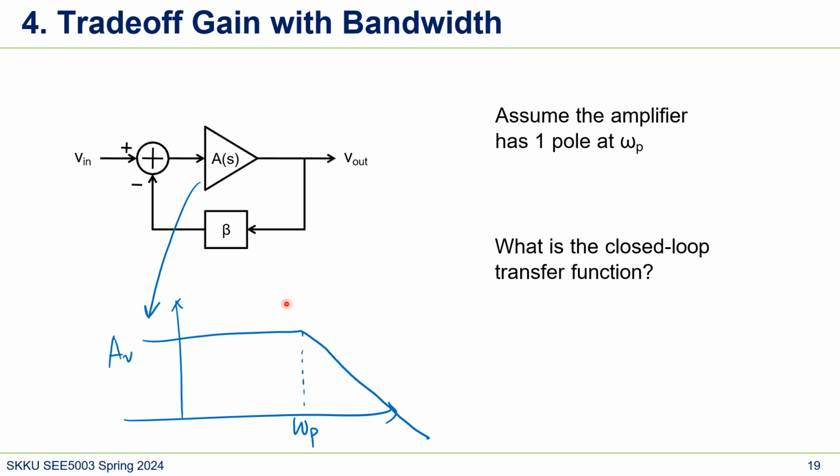That's what we try to figure out. What's the bandwidth here? We can just say the bandwidth is WP. This is the 3 dB bandwidth. Because this is a Bode plot, the actual gain will be like this, and this gap is 3 dB. So this pole is also the 3 dB bandwidth.